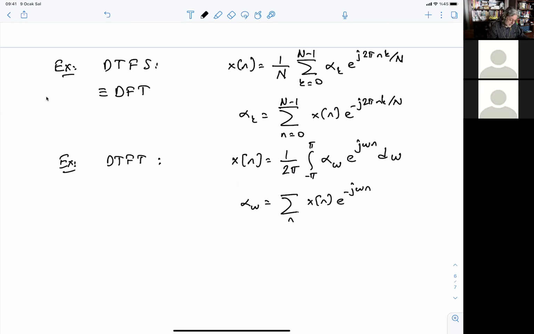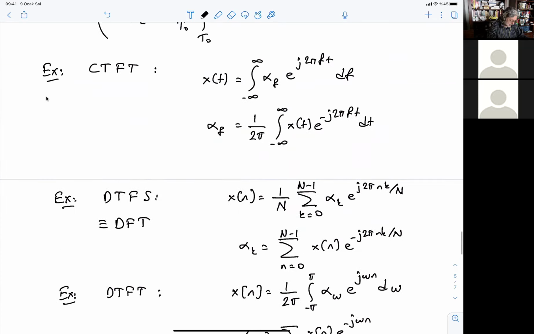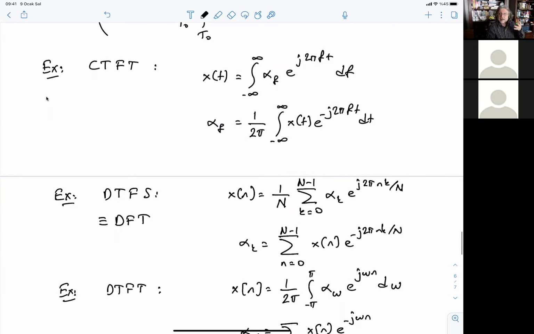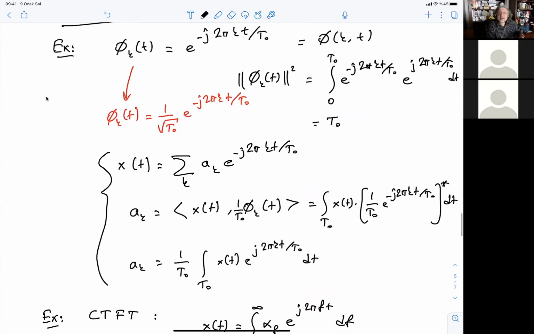So these four examples, I have given 3 examples here. And the first example was already for the continuous time Fourier series. So it makes 4 examples, and these are very typical examples of alteration of basis to construct the transformation.